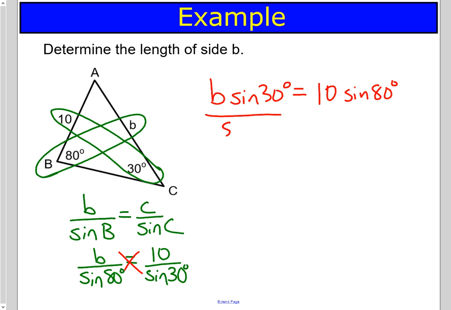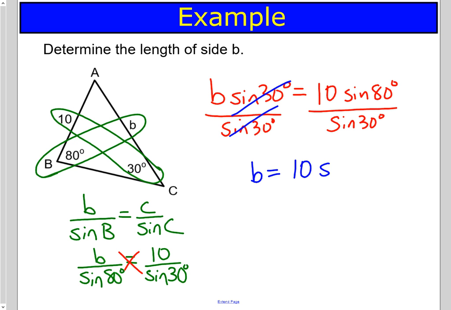And then I can divide each side by the sine of 30 in order to get b all by itself. Sine 30 and sine 30 cancel, so b is equal to 10 sine 80 over the sine of 30.